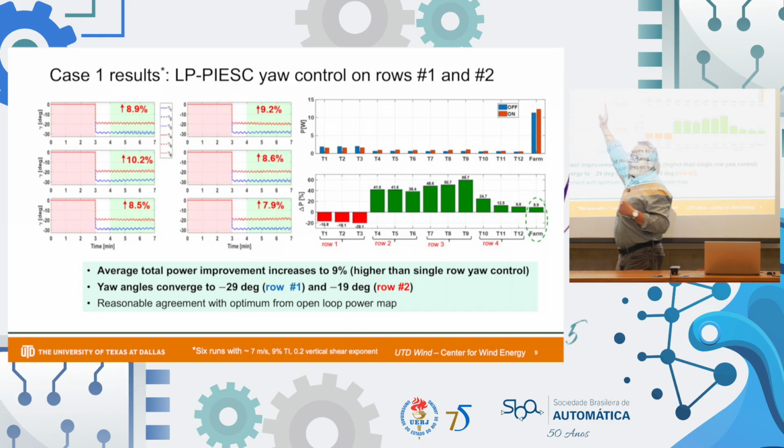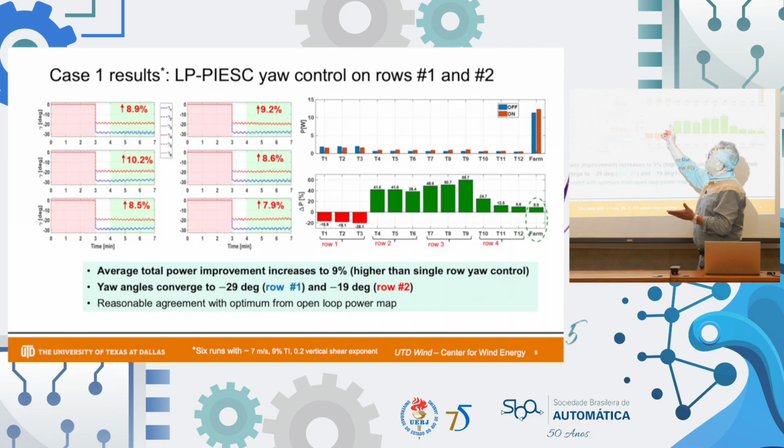We do 6 realizations of these with different initial seeds for the flow, and the arrows show the increase in power for each realization. Then we take the average power from 4 minutes to 7, average over all realizations and over that time interval, and create these plots.